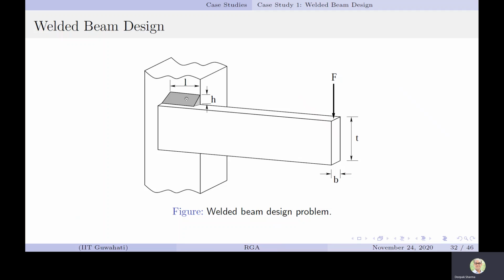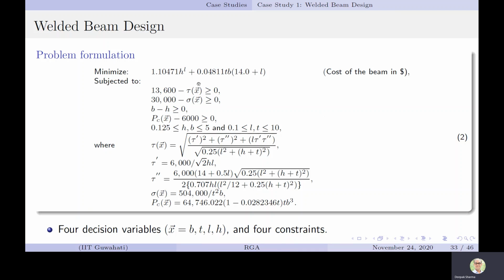These 2 beams are welded together, and the weld material is given as length L and height H. So the problem is defined as: we want to minimize the cost of the weld subjected to various stresses, one constraint on B minus H, and one constraint on Pc, that is the force. The H and B are given a range, with upper and lower limits. Similarly, for L and T, the lower and upper limits are given. The formulas are given at the bottom.